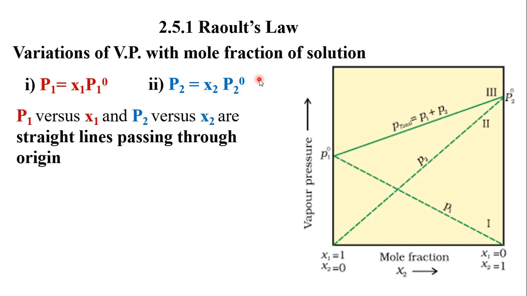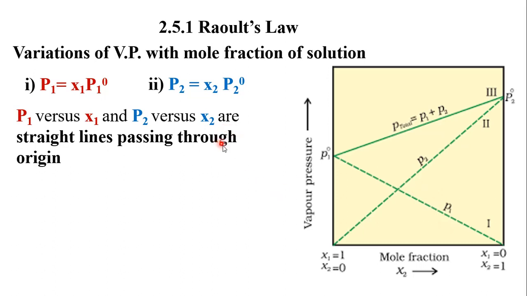Now we will first see the graphical representation of this equation, that is P1 is equal to x1 into P10. Now the graph of x1 versus P1, the partial pressure, and x2 versus the partial pressure P2: x1 versus P1 and x2 versus P2.